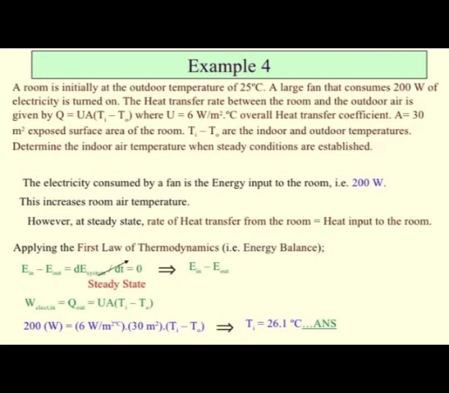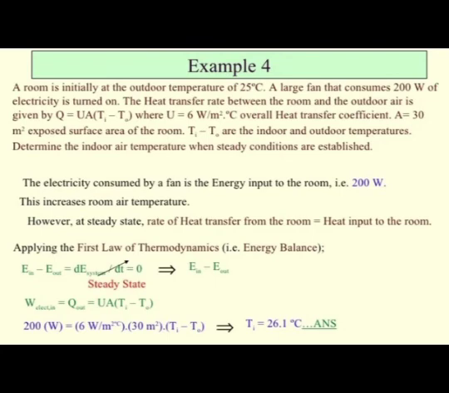So the electricity consumed by the fan is the energy input to the room, 200 watts. The room air temperature increases, however, at steady state the rate of heat transfer from the room is equal to the heat input to the room. Applying the first law of thermodynamics, which is the energy balance, E in minus E out is equal to dE system over dt, which is equal to 0, or E in is equal to E out.